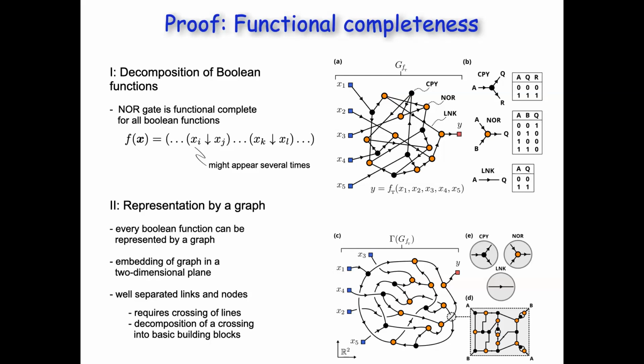So here are the input bits. Then you see we just copy it at some point. So we have the copy language, which is the solid point. If I have to use this input twice, we just copy it to 2 places. Then we have the NOR gate at some point, and we link as arrows this information flow in our system. And then there is the output bit, which is the Boolean function we're interested in.